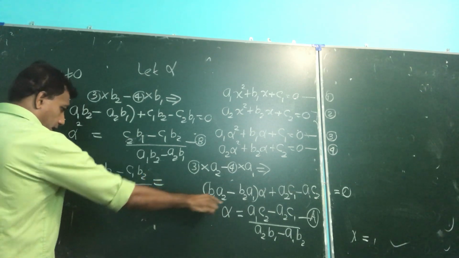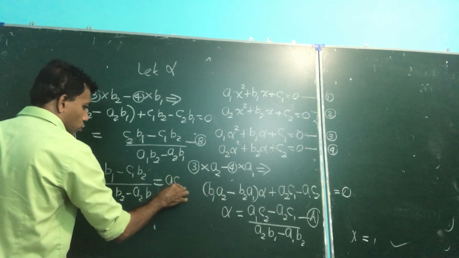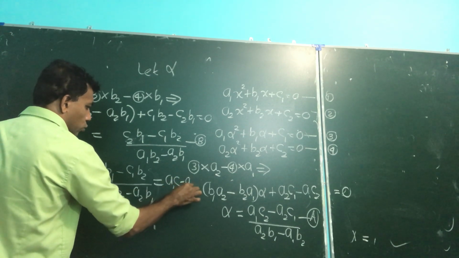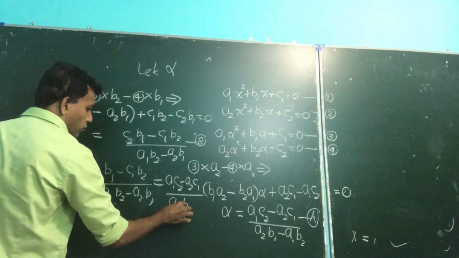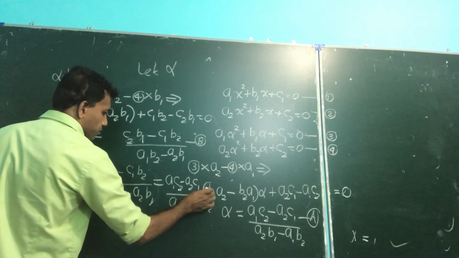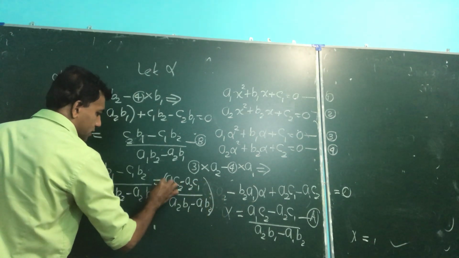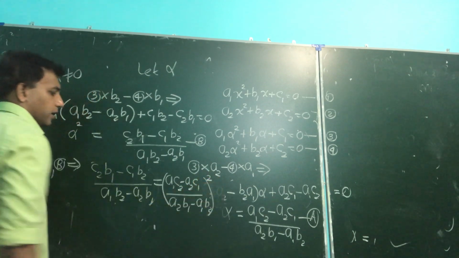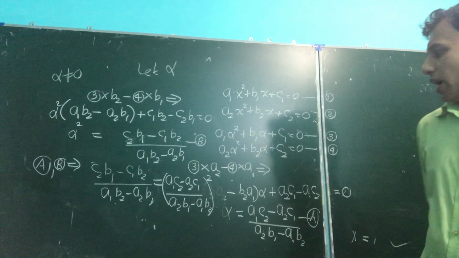The other side, what is alpha? A1C2 minus A2C1 over A2B1 minus A1B2, square, right? It's square. Okay, alpha and the alpha square are equated. And this is the answer.